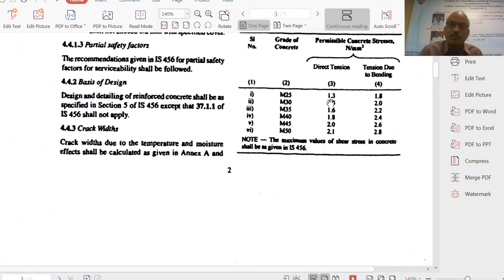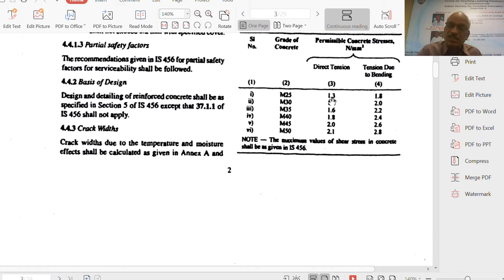If it is subjected to bending moment, then the allowable stress is 1.8 Newton per mm square. So this is for M25, the minimum grade of concrete: 1.3 for direct tension, 1.8 for bending tension. Similarly, M30: 1.5 and 2.0. These are the allowable stresses based on cracking stress consideration.